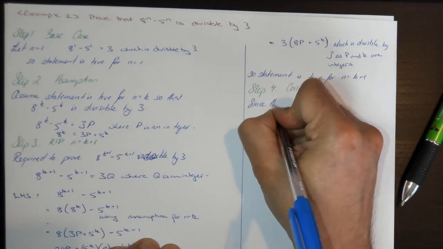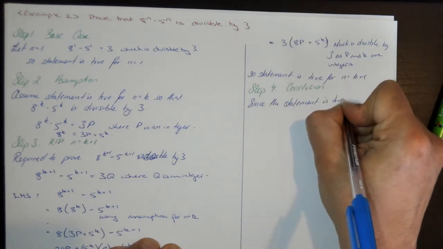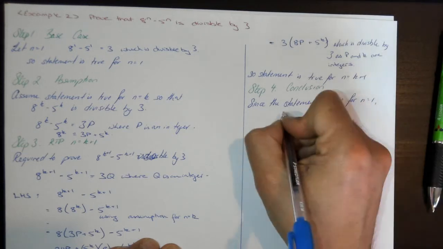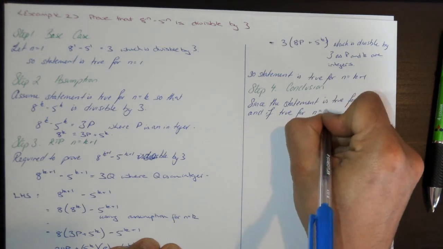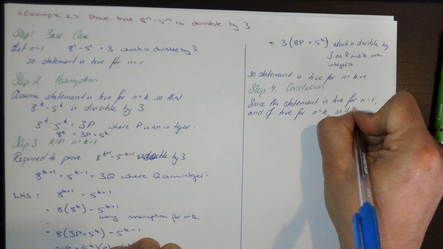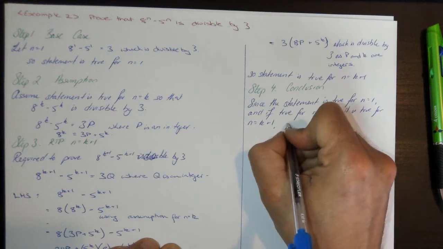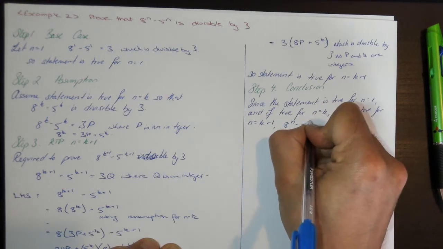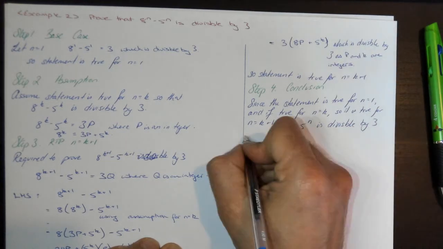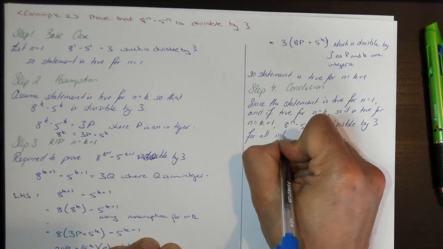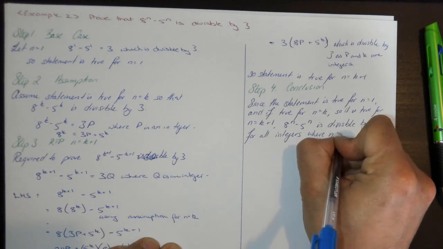Since the statement is true for n equals 1, and if true for n equals k, then it is true for n equals k plus 1, 8^n minus 5^n is divisible by 3 for all integers where n is greater than or equal to 1.